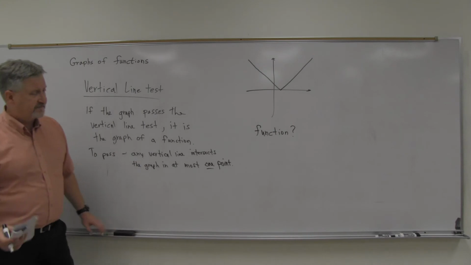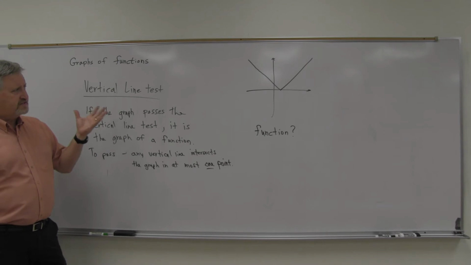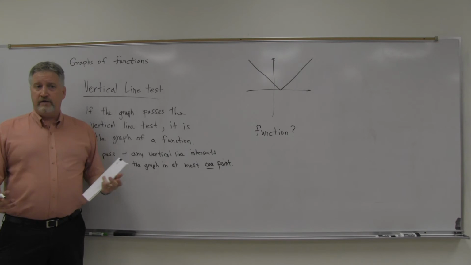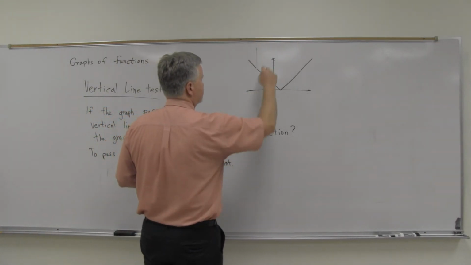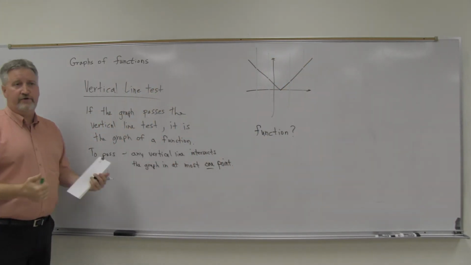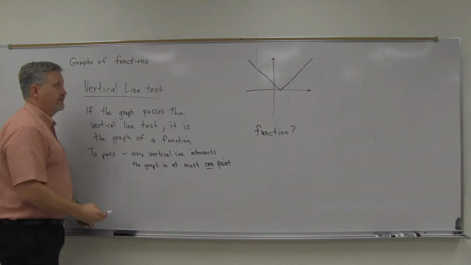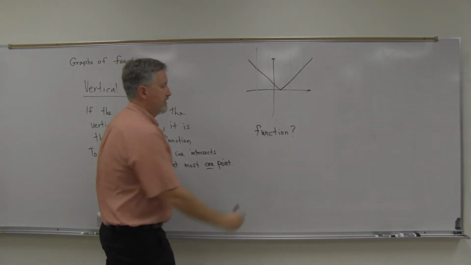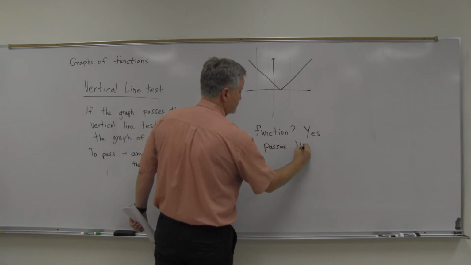We're just going to try the vertical line test. Does this pass? If we think about drawing vertical lines through that graph, is there any vertical line that would hit it in more than one place? No, I don't think so. Any vertical line we draw is just going to hit it in that one point. So yes, this is a function. It passes the vertical line test.